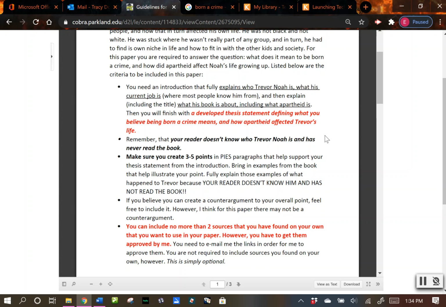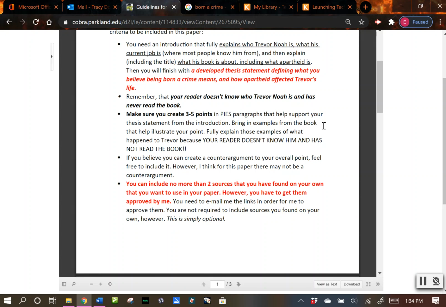You might have a thesis statement that's just one sentence, or you can break that into 2 sentences. And so your body paragraphs, you're going to have 3 to 5 PIES paragraphs that help support your definition of being born a crime and how apartheid affected Trevor's life. Now, you can do that in a couple of different ways.